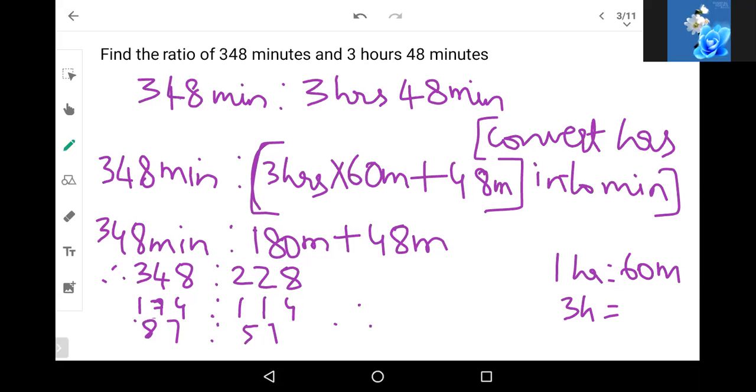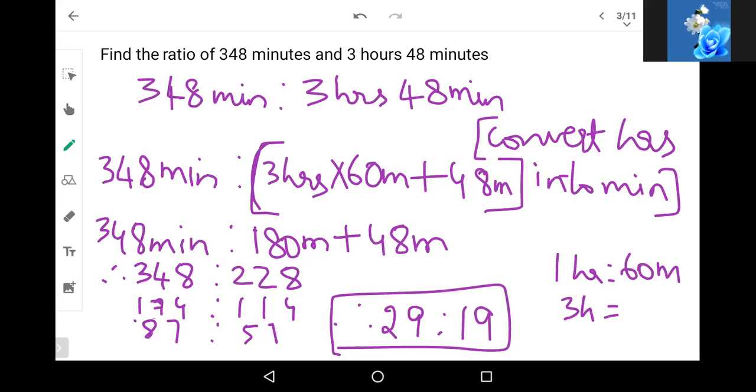So considering the 3 table, 3 2s are 6, 2 will be carried, so 27. 3 9s are 27 is to, again 3 1s are 3, 2 carried over, 3 9s are 27. So your final ratio is 29 is to 19.